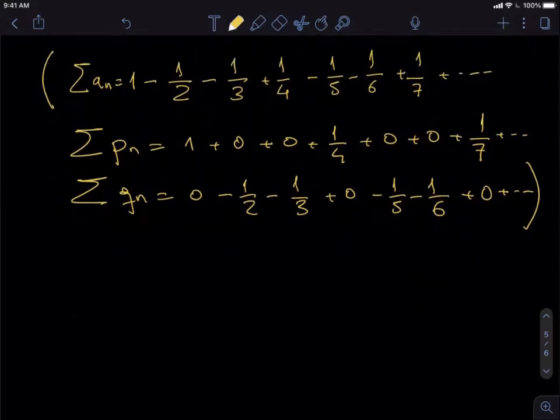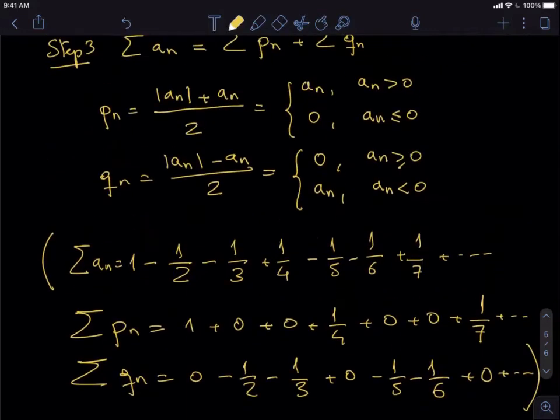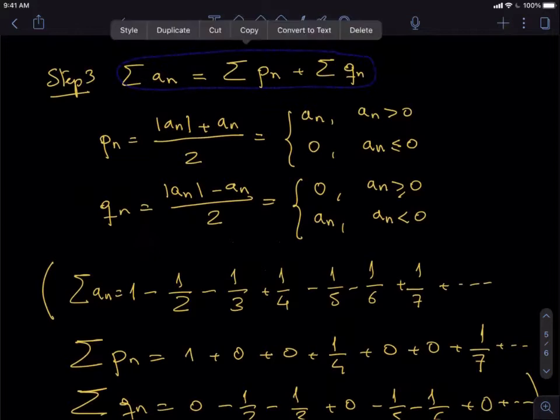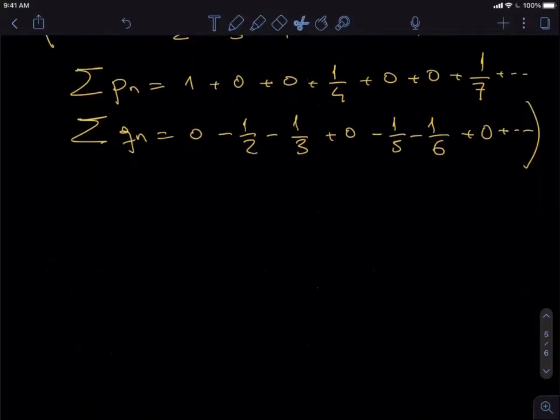Now, there are 4 cases. Here notice that we have said that the sum of a_n is the sum of P_n plus the sum of Q_n. So there are 4 cases.